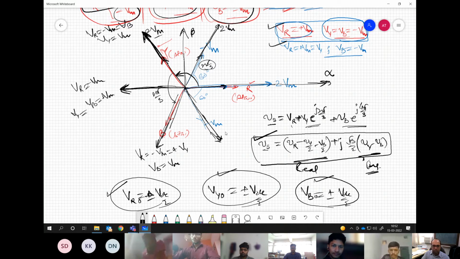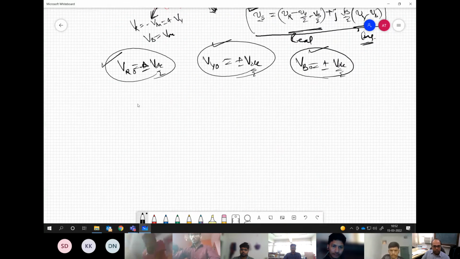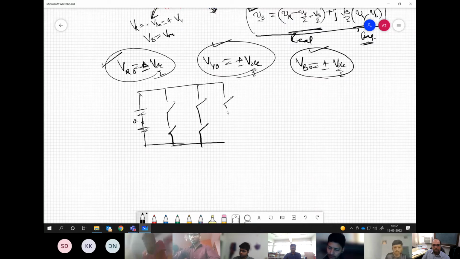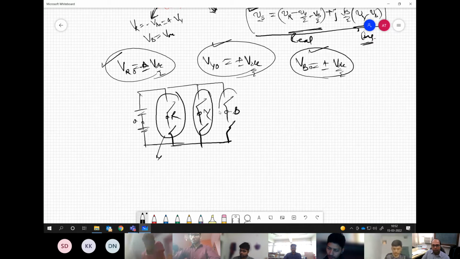A little bit more terminology which you are aware of, I will connect with that now. If there is a three-phase inverter, there are two possibilities for the R phase, two for the Y phase, and two for the B phase. So in total, this inverter can have 8 possible combinations.